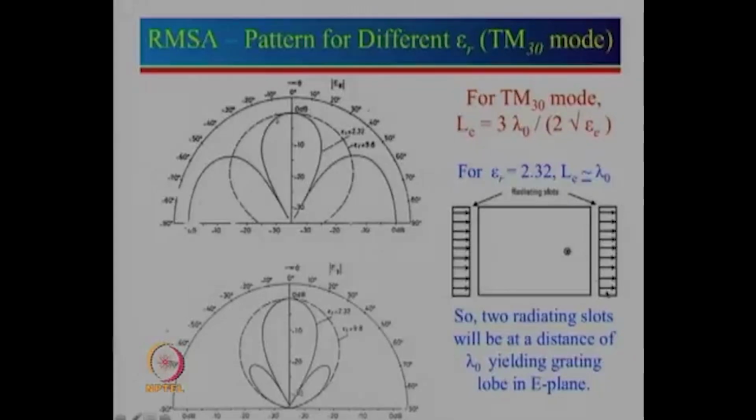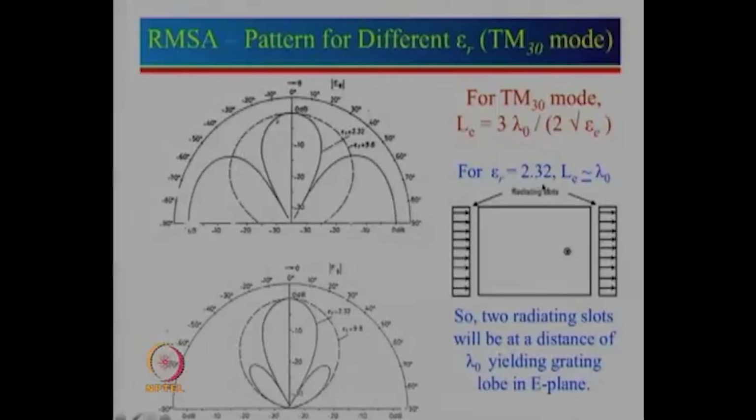So, we have one radiating slot here, another radiating slot, and the separation between them is lambda 0. And from array theory we had seen that if the separation between the two antennas is lambda 0, then there will be grating lobe. So, what we see here, this is the maximum radiation, it comes to 0, and then we have another radiation. So, that is nothing but grating lobe in this direction and the grating lobe is in this direction.